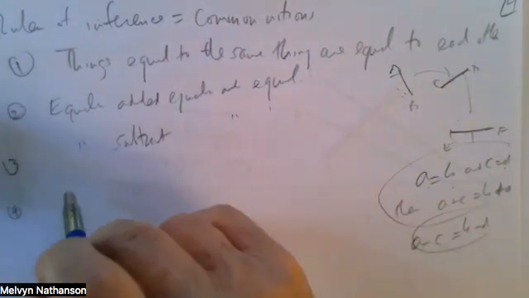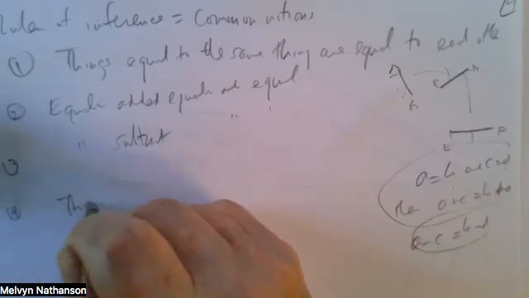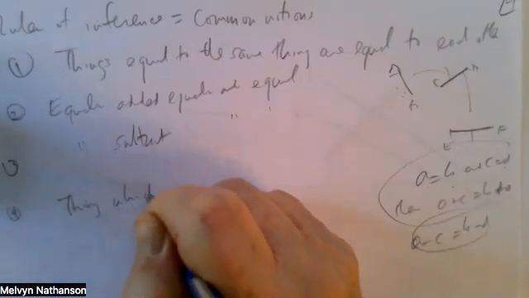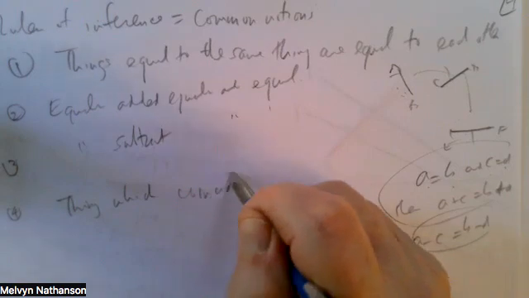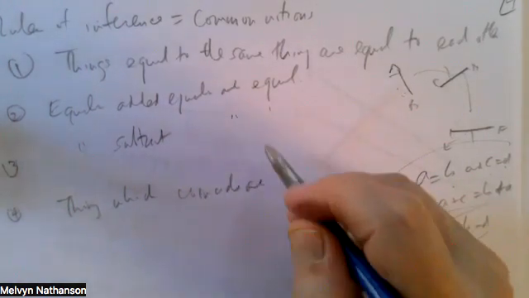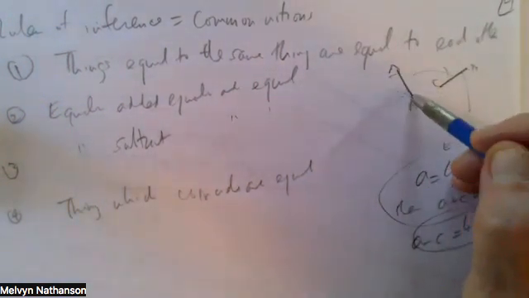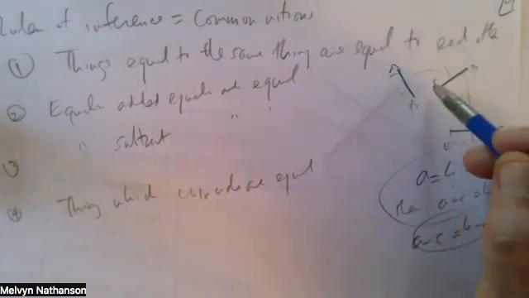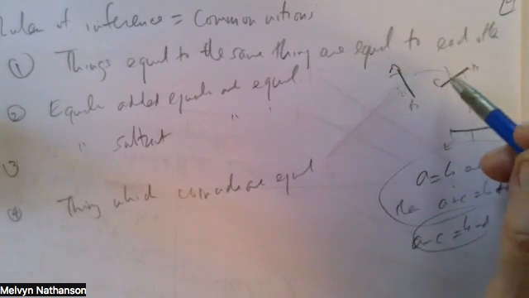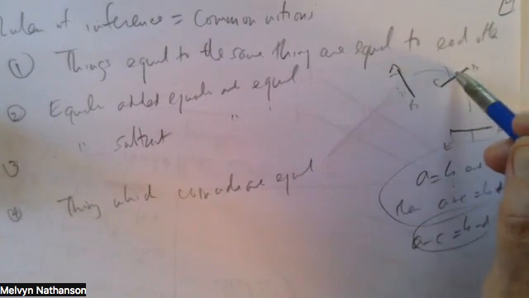The fourth is a little bit mysterious. Things which coincide are equal. So if this line could be lifted and put on this line and they coincide exactly, we would say these are the same, or congruent is the word we use now, line segments.